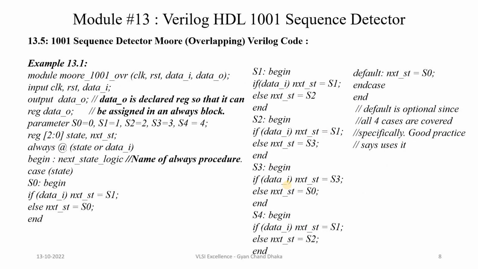So the difference is only in S4 state, where if data input is high, the next state is S1, and if the next bit is 0, we go to S2 state. This is the only difference between overlapping and non-overlapping Verilog HDL code of 1001 sequence detector using Moore FSM.